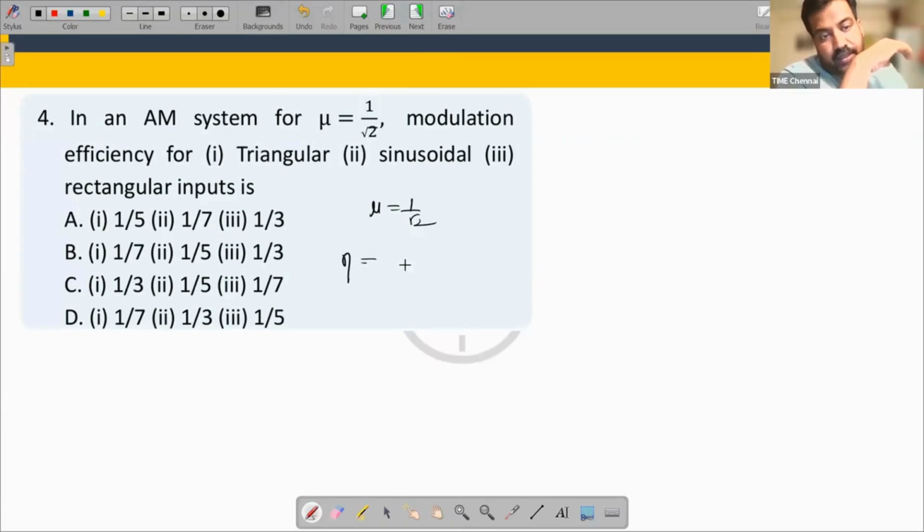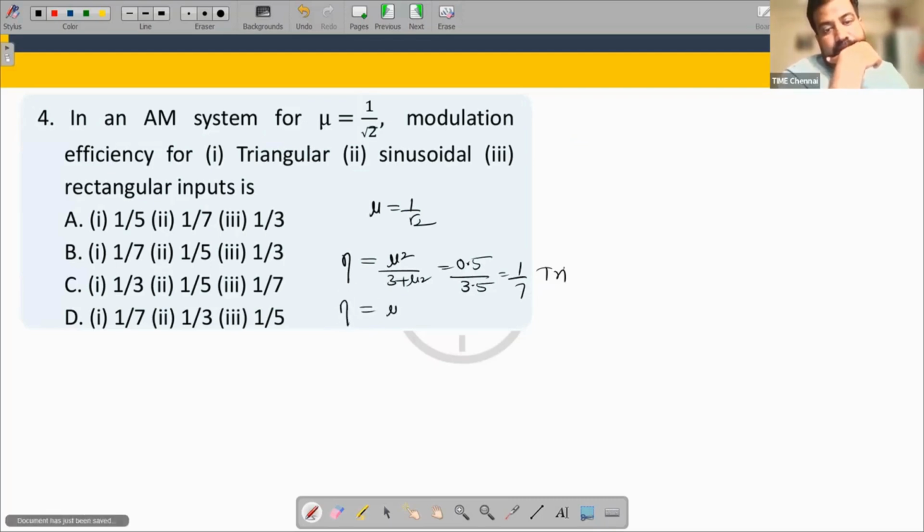The modulation efficiency for triangular input is mu square by 3 plus mu square, 0.5 by 3.5. That's 1 by 7. Eta for sinusoidal input is mu square by 2 plus mu square, 0.5 by 2.5.